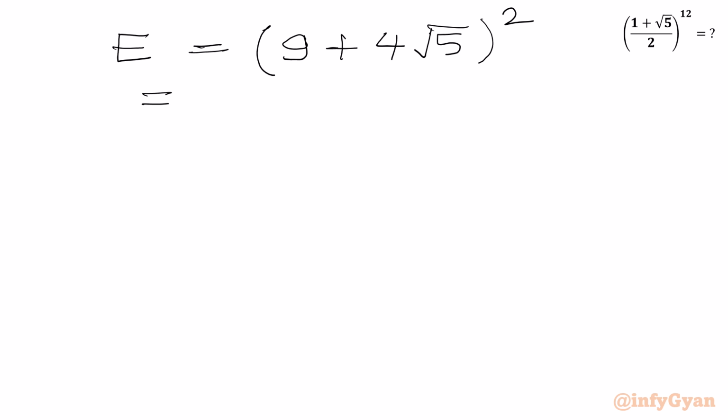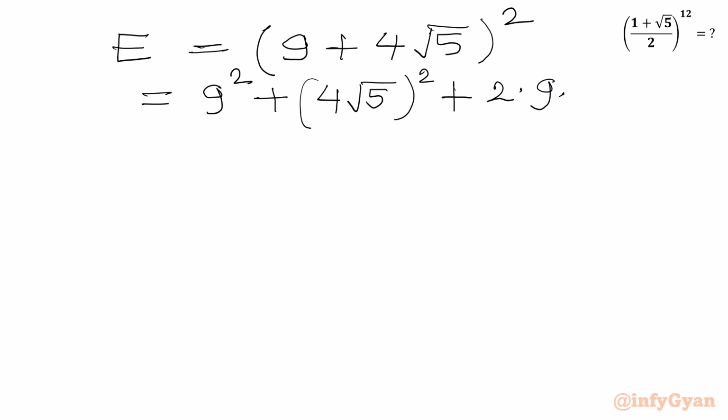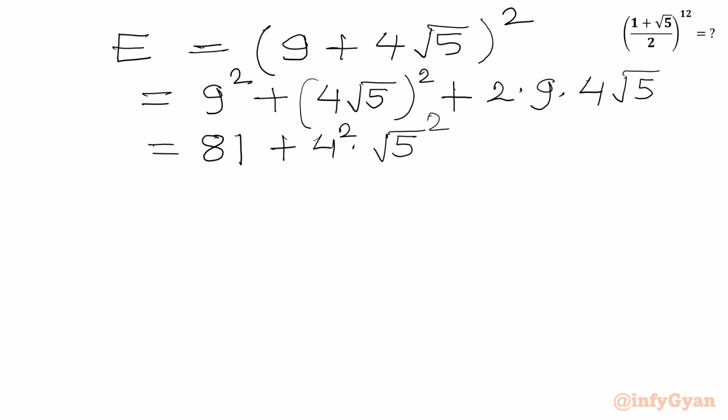Again we will use the (a + b)^2 formula. We will get 9^2 + (4√5)^2 + 2 times 9 times 4√5. Now we can write 9^2 as 81, plus 4^2 times (√5)^2, plus 2 times 9 times 4√5.